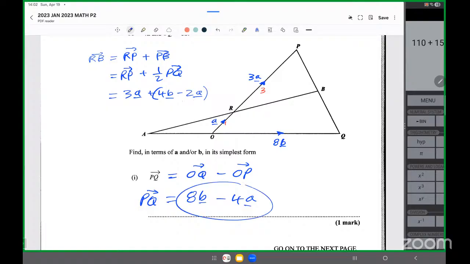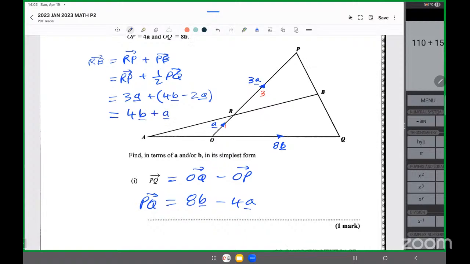So this works out then. It becomes 4B is 4B, and then 3A minus 2A is A. That's the answer for RB.